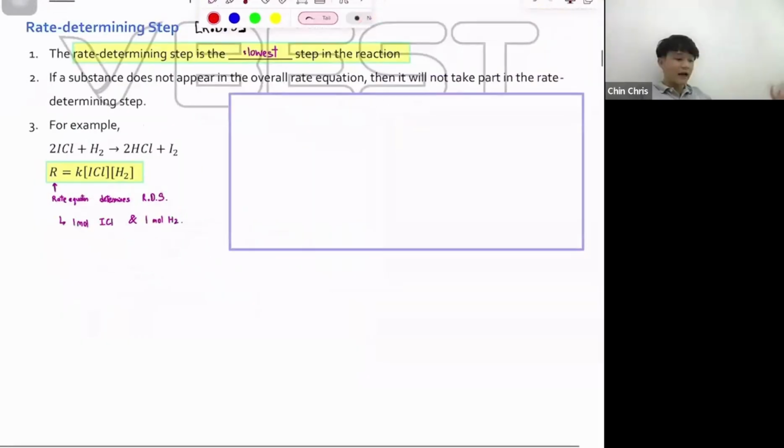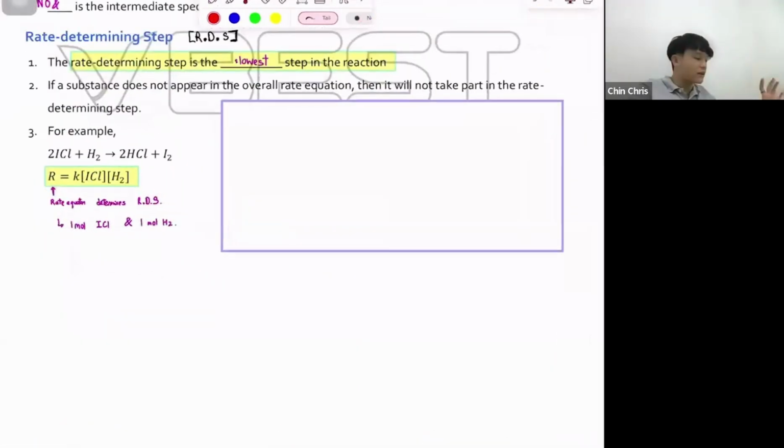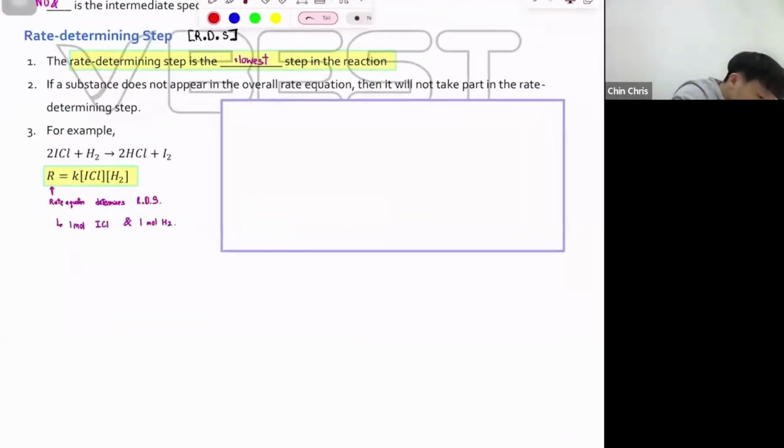Okay guys, now I'm going to give you a task. I want you to propose a two-step mechanism. I will give you the steps. Two-step mechanism. Again, it's always good practice to begin with the rate determining step.